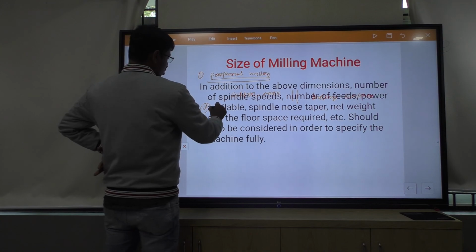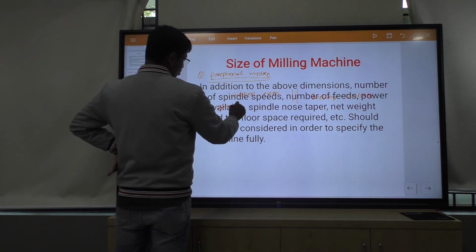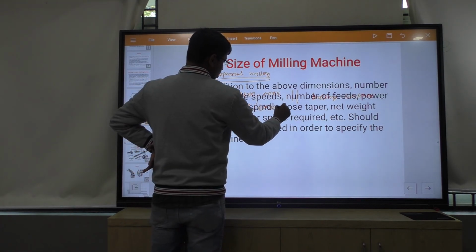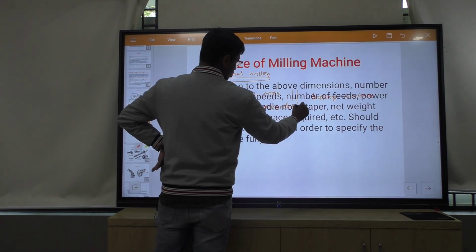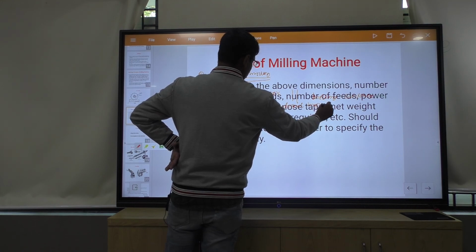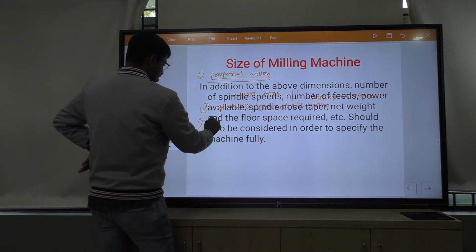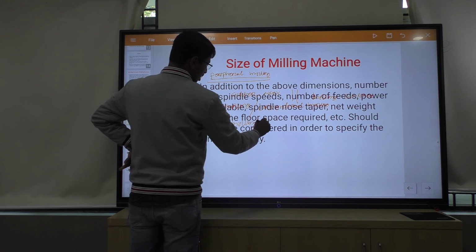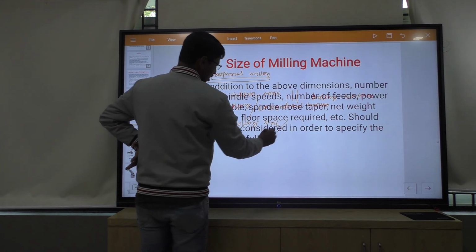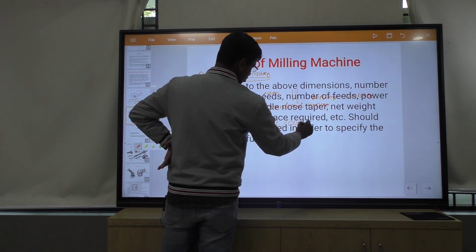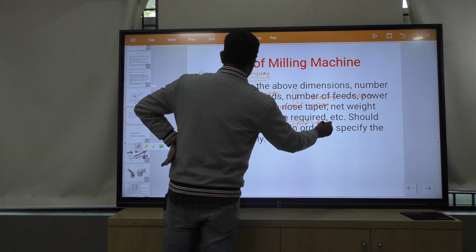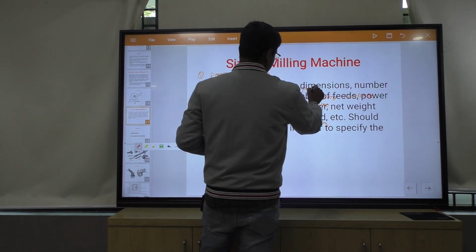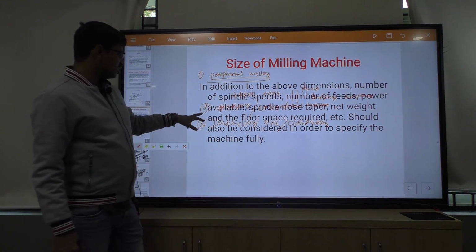Peripheral milling is divided into two types.